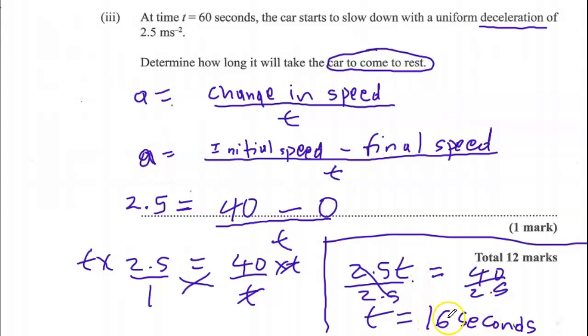But from this time at 60 seconds, it would come to rest 16 seconds after the 60 seconds. So in other words, the total time for which the car was in motion would have been 76 seconds.